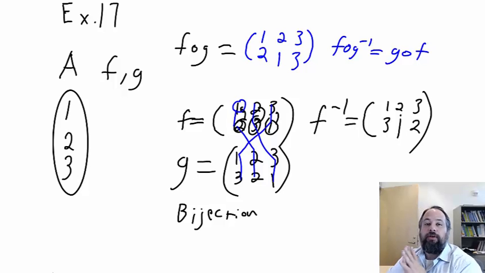But that's an interesting property when we have composites that are permutations. If each is a permutation of the same set, then their composite is also a permutation of that set. And that is used a whole lot in cryptography to make more complicated encryption schemes.